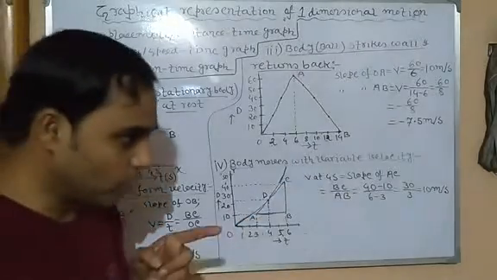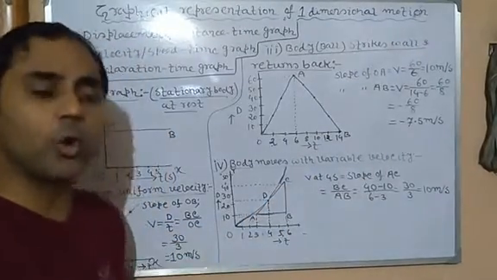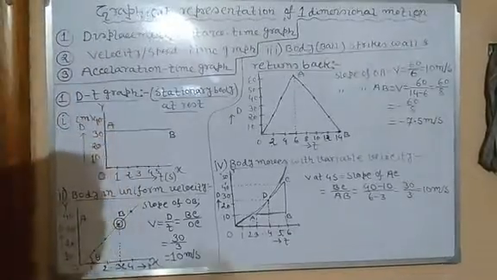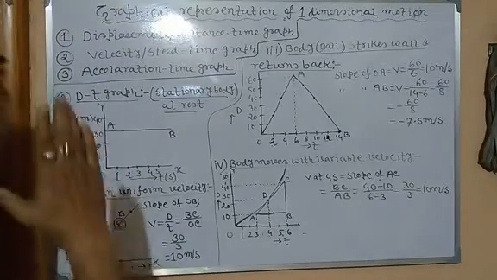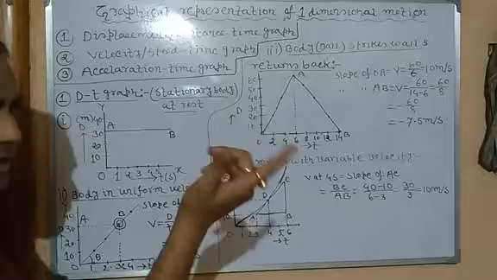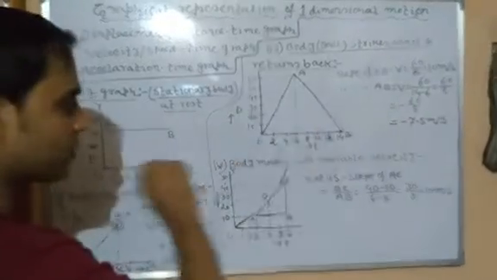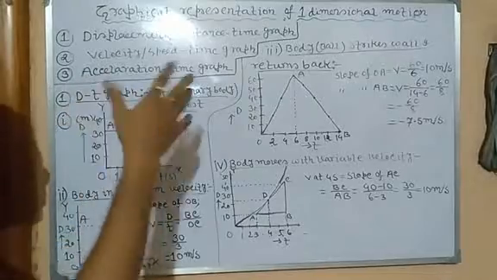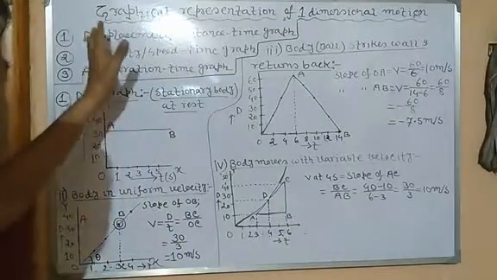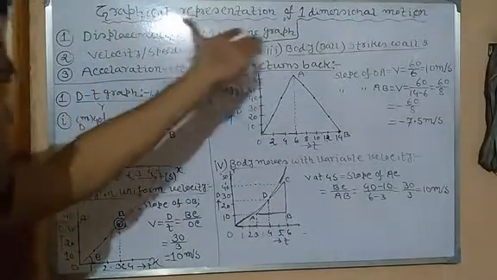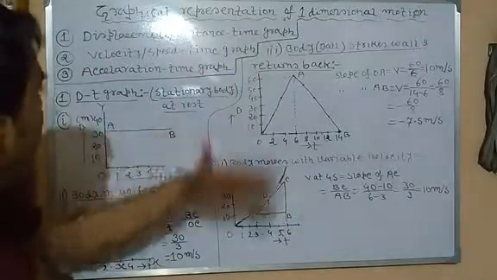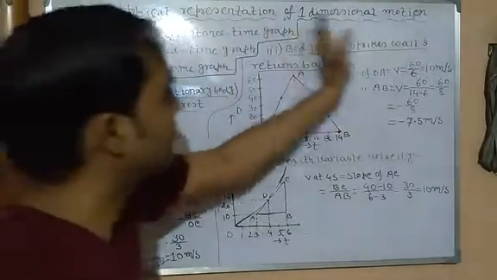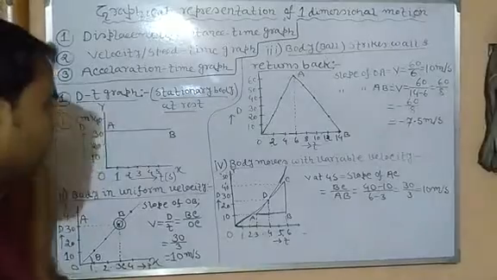But when a body moves in a straight line, there is no change in direction, so magnitude and direction do not change. Isn't it? I just showed you through a straight line. Straight line means there is no curve, so distance and displacement are the same. Velocity and speed are also the same. So that's why the displacement time graph also means the distance time graph, and the velocity time graph also means the speed time graph in case of straight line motion, that is one-dimensional motion.